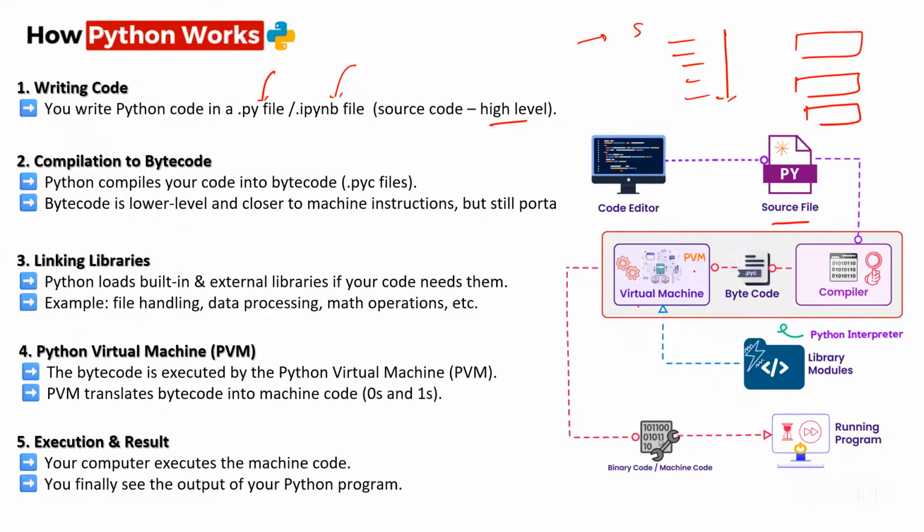This virtual machine has different types of libraries. When we import certain libraries, this virtual machine will make use of them, and then whatever this bytecode is, it will be completely converted into binary code or machine code, and then it will execute. These all things will happen in the backend.